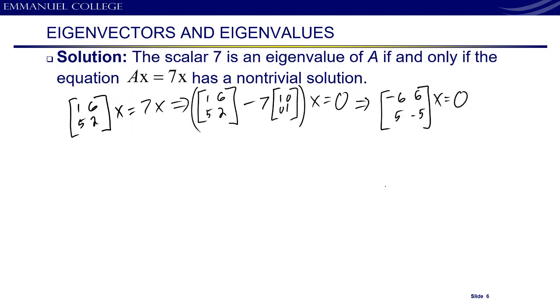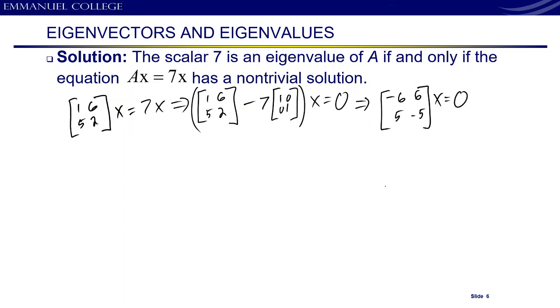What I'm looking at now is what values of x are such that when I multiply the matrix times x, I get 0.